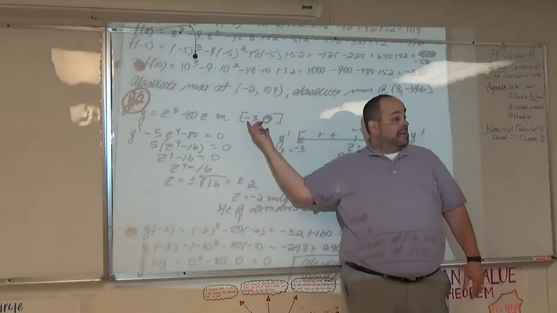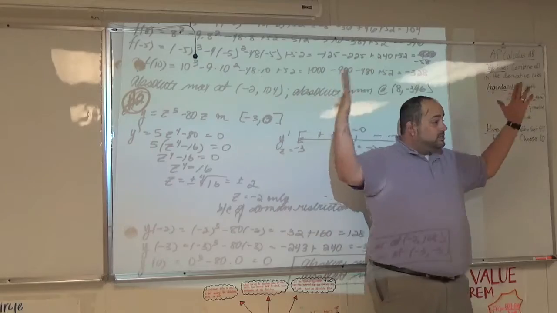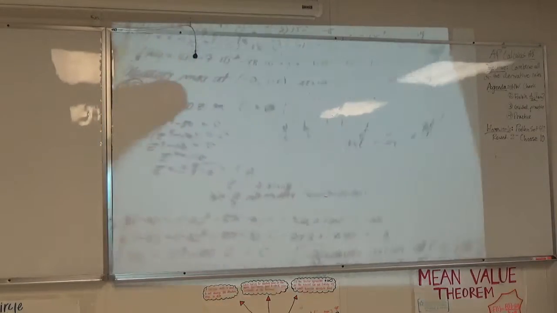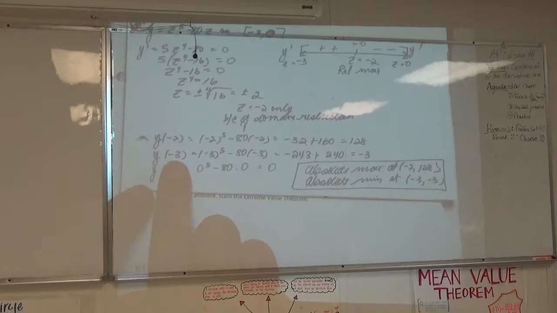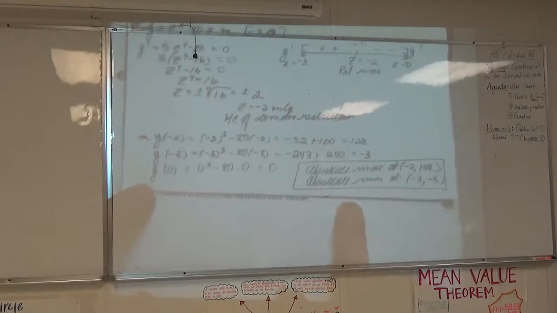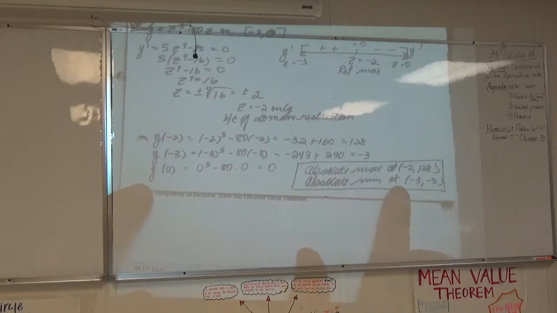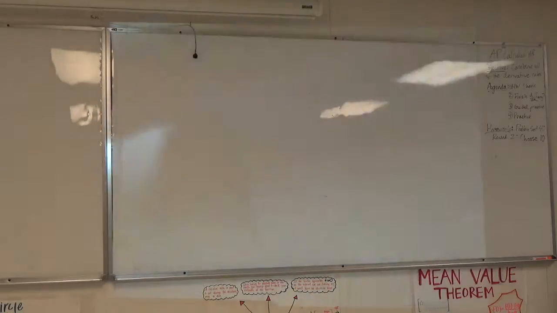It's not inside that interval that I'm interested in, so why bother looking there? I'm only interested from negative 3 to 0. The domain restriction matters. From here, evaluate the function at negative 2, evaluate the function at negative 3, evaluate the function at 0. According to my beautiful work, absolute max at negative 2, 128, absolute min at negative 3, negative 3. Yeah. Everybody's okay? Good.